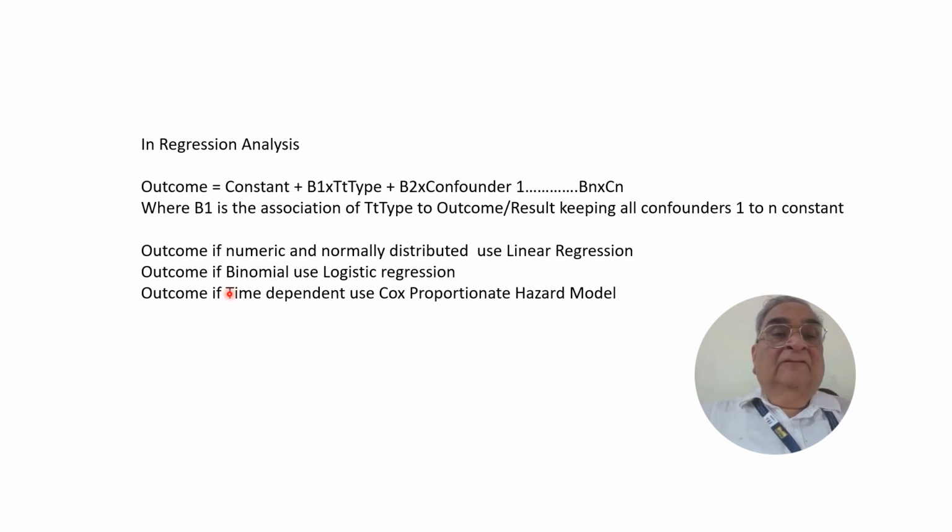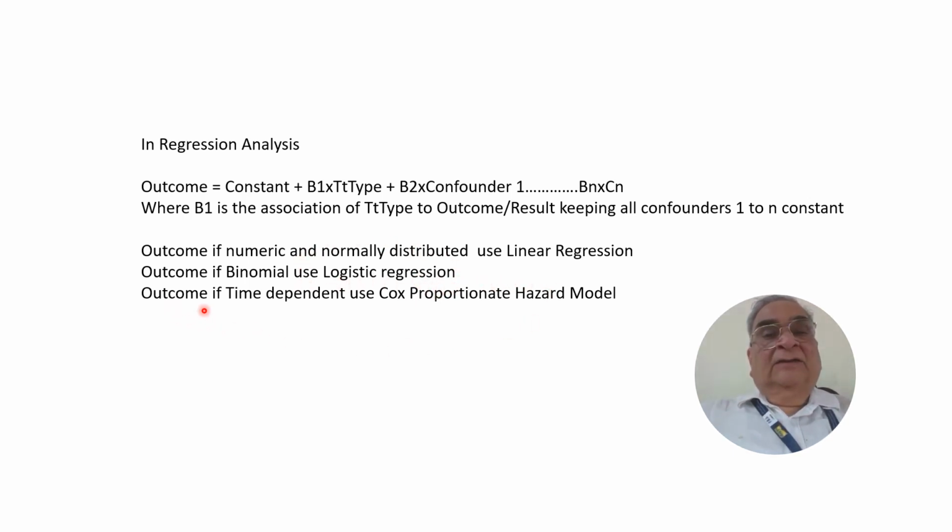However, if this outcome is numeric, for example, how much was the diastolic blood pressure reduced, then the method of regression used is linear regression. If the outcome is binomial, for example, here the good and the bad result, then we use logistic regression.